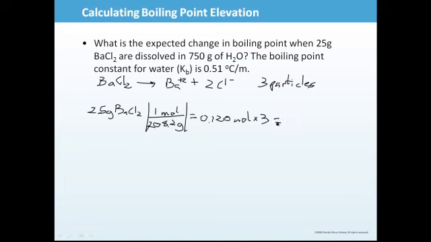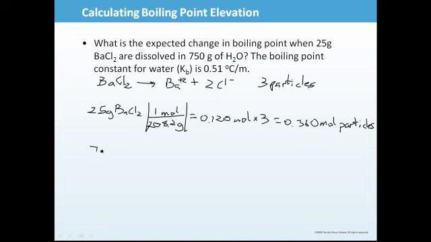So we have to multiply that by 3 to get our total particles in solution here. So really we have 0.360 moles of particles. And because now it's not BaCl2, it's Ba and 2 Cl's. Okay, so we'll just say particles.